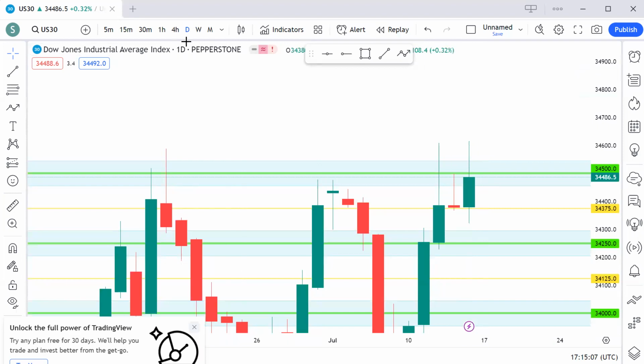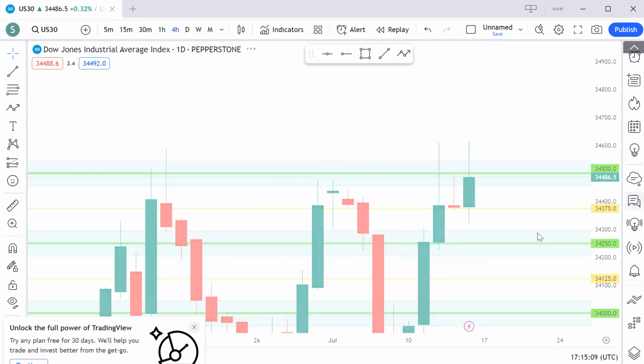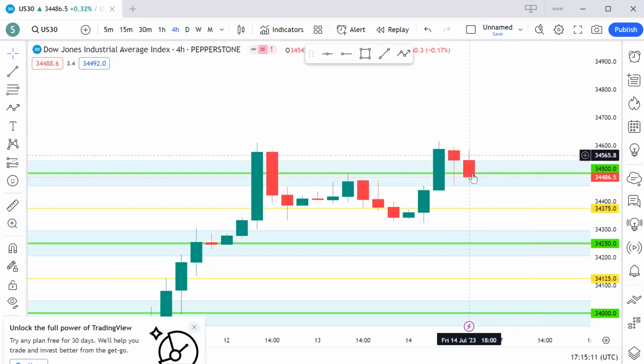We go down to a 4 hour. Now we look for overall market direction on the 4 hour. If the 4 hour also has a neutral candle, you have no reason being on the market. You close that laptop right there where you are and you go and live life. If your daily and 4 hour cannot show you clear direction of the market, you do not want to be on the charts.